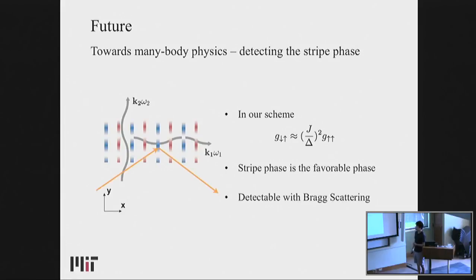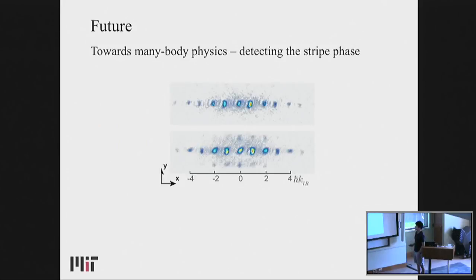So hopefully, eventually, if we prepare the 50-50 mixture of the system and put in the Raman coupling and the Bragg scattering, we can expect some Bragg scattering at certain angles, which reveals the density in the system.